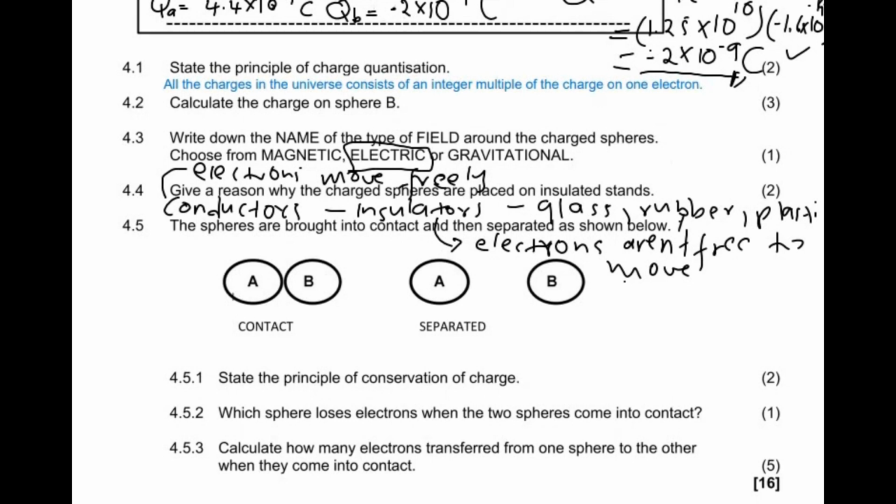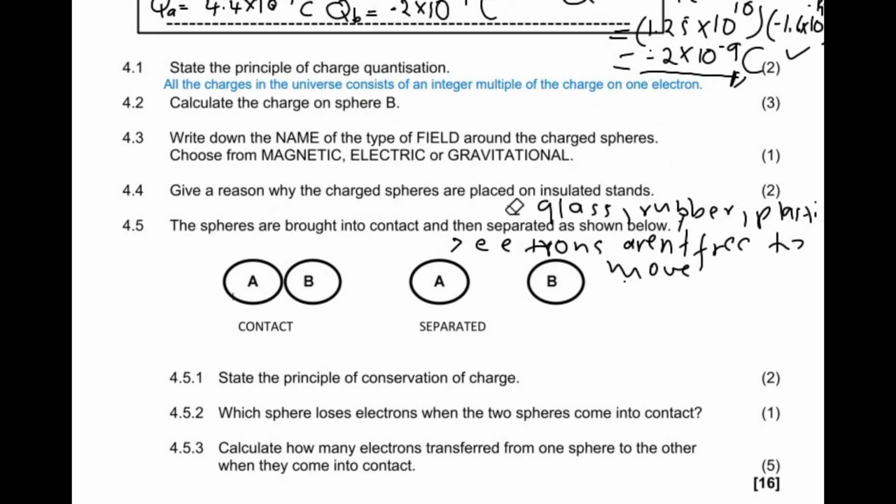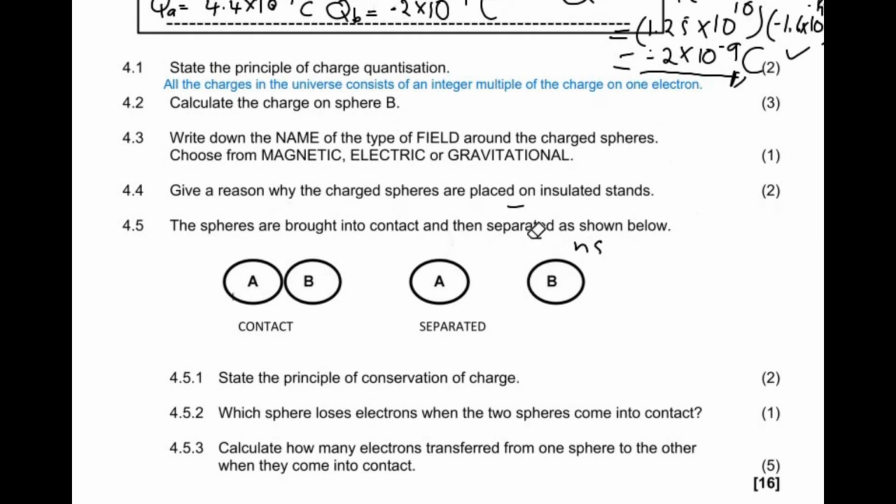But that's not what the question was asking us. The question was asking, why do we put these charged spheres on insulated stands? This is to avoid charges, negative charge, which is carried by electrons, from moving into the stand.